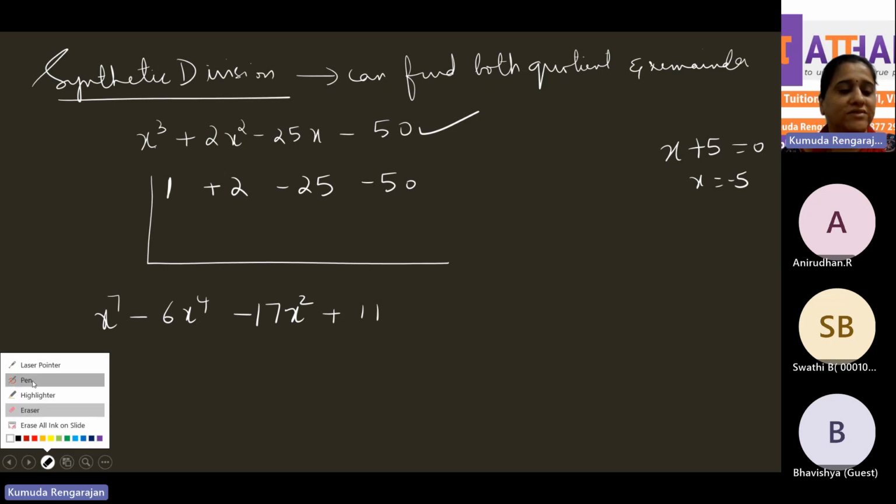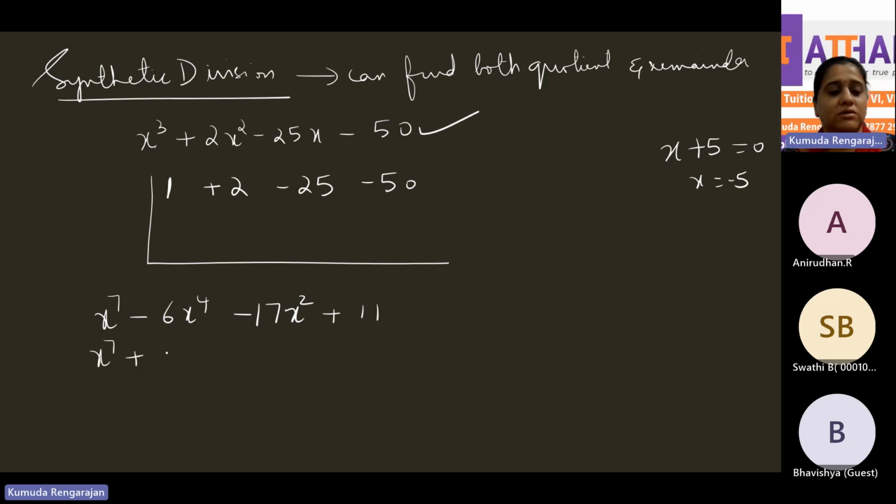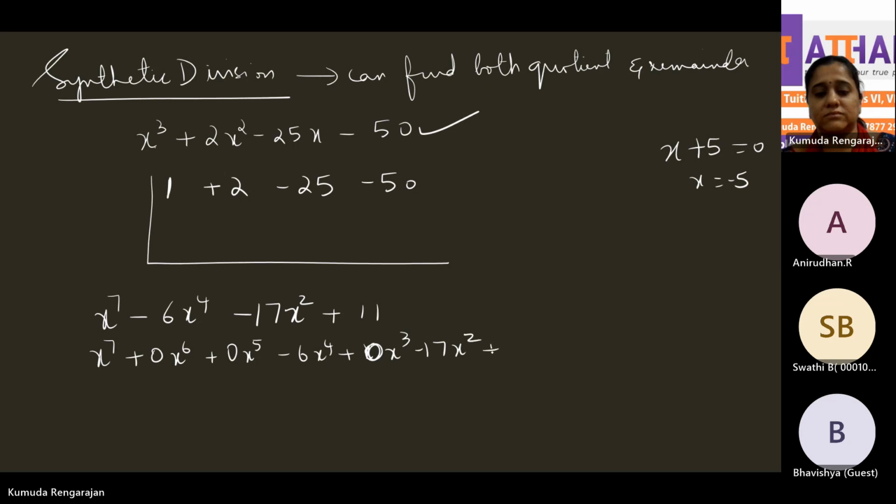If any power of x is missing, whichever power of x is missing, you must show its absence using a 0.